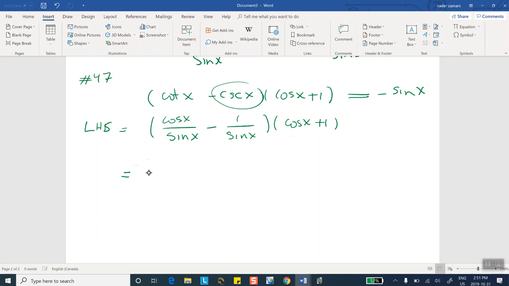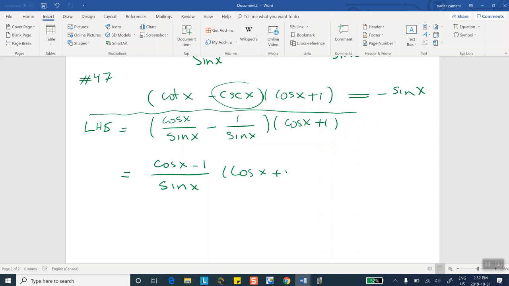This is equal to common denominator is sine of x, and up in the numerator I have cosine of x minus 1 times cosine of x plus 1. Okay? Okay. So FOIL it.